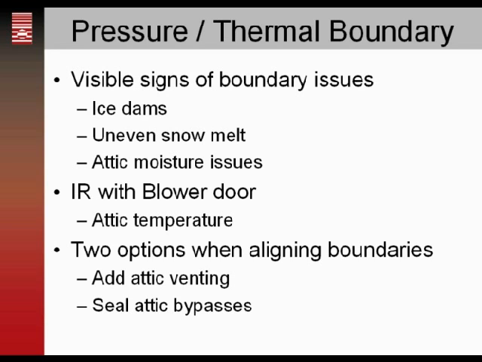So we went up into the attic and found that the attic temperature was almost exactly the same as the temperature in the room, because our pressure boundary and our thermal boundary weren't lining up. There's so many attic bypasses and so little venting. There was some ridge venting, but not much low venting, so the cold air from the outside wasn't getting pulled in.